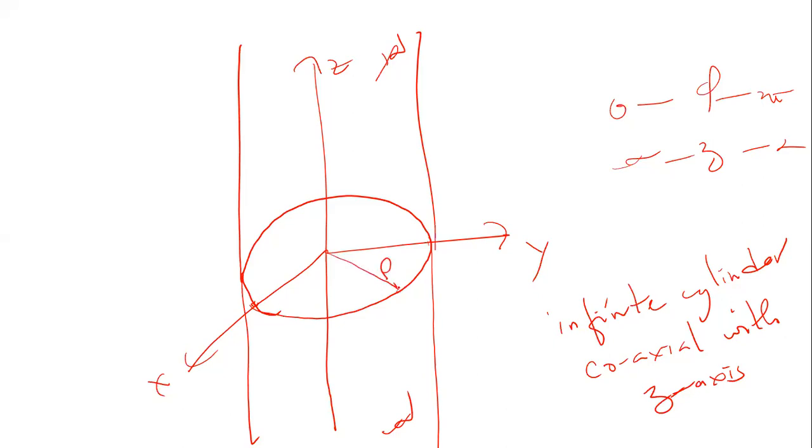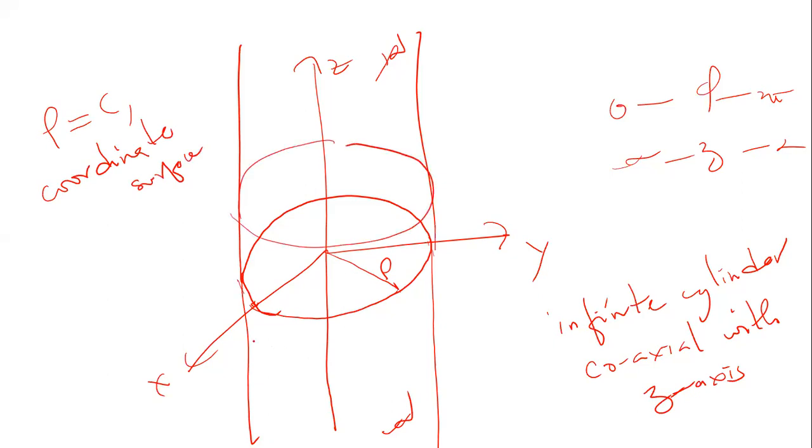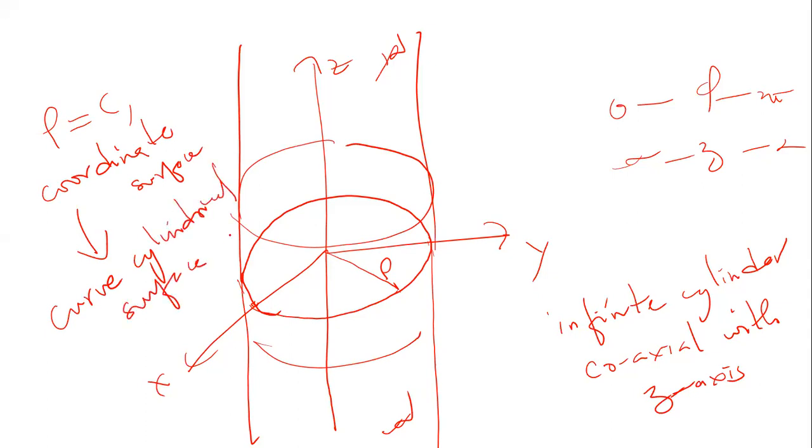Rho value is fixed. So when you fix the value of rho equal to C1 coordinate surface, as you see, it's a curved surface, a cylindrical surface extending from minus infinity to plus infinity, that is an infinite cylinder.